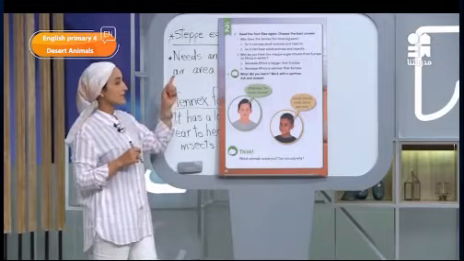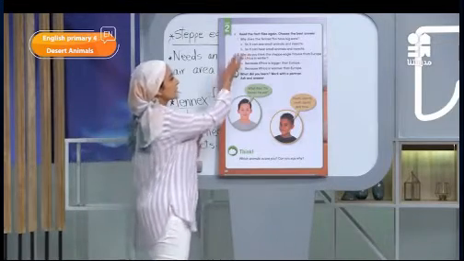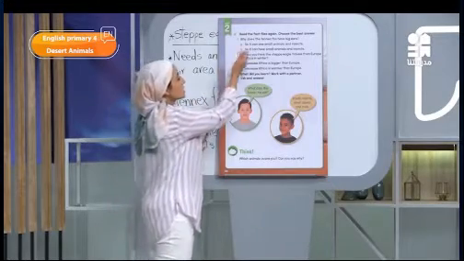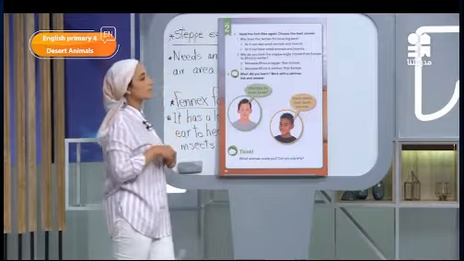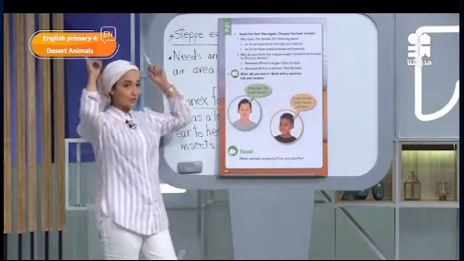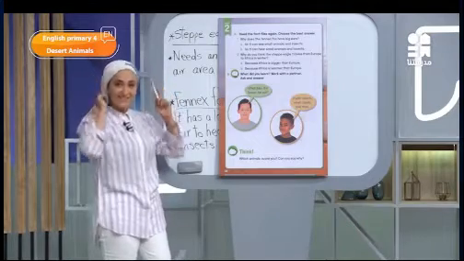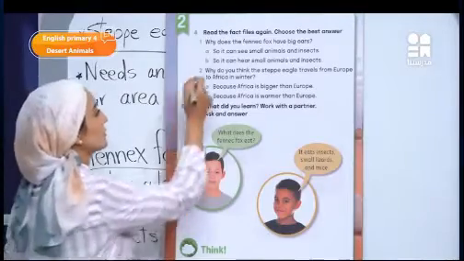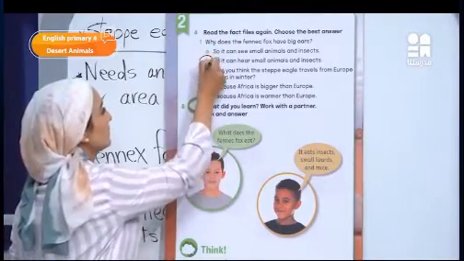Yes, exactly. It's letter A. Because it can see small animals and insects? Or it can hear small animals and insects? To see or to hear, the long ears. Yes, exactly. To hear because of the long ears. Very good. So it's B.